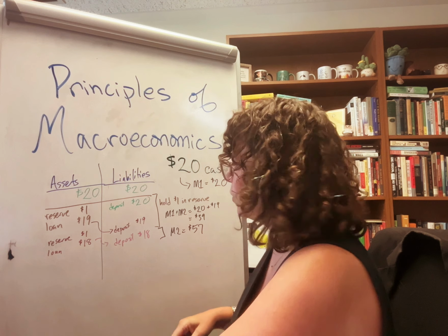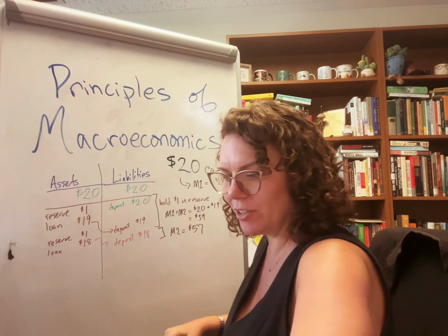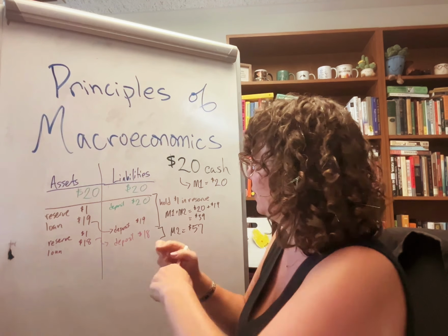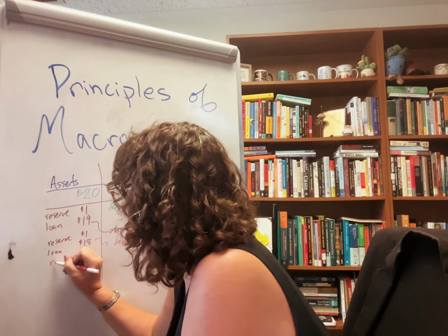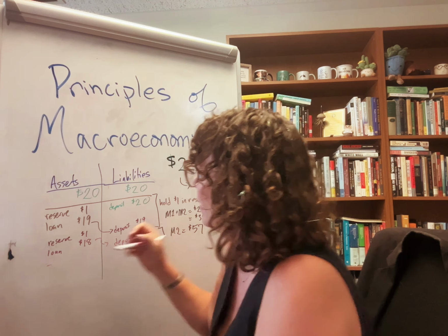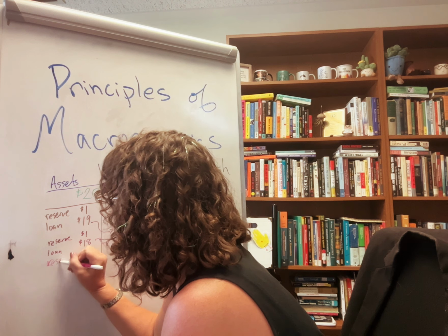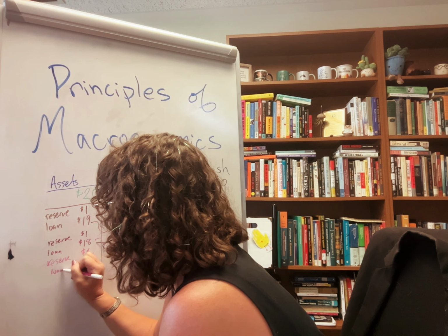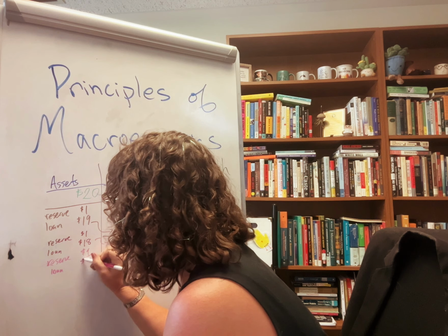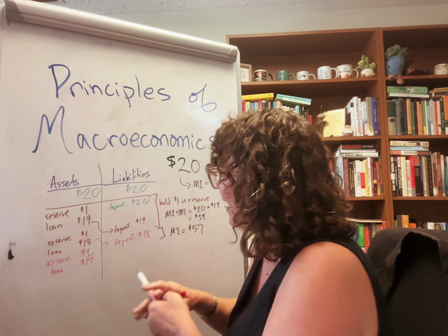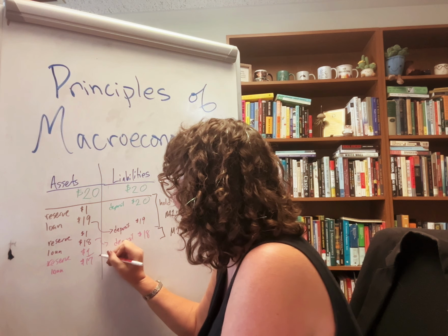Now they hold $1 in reserve. Let's add another color here. Oh, I'm supposed to stay with the pink. I forgot my color scheme already. They're going to reserve $1, loan out the remaining $17, and that can then be deposited into another bank.